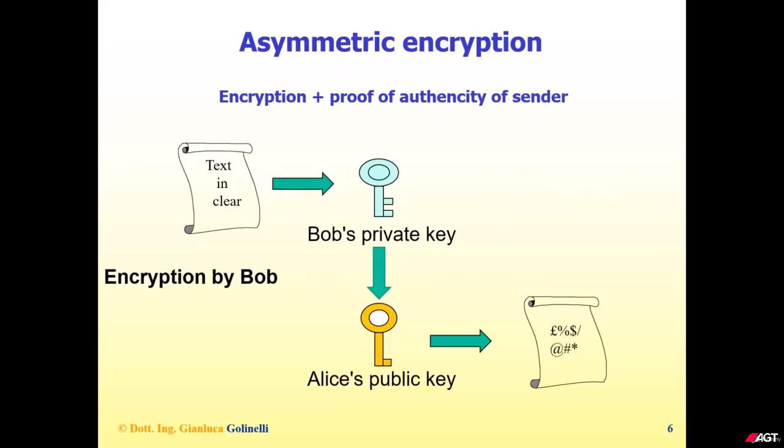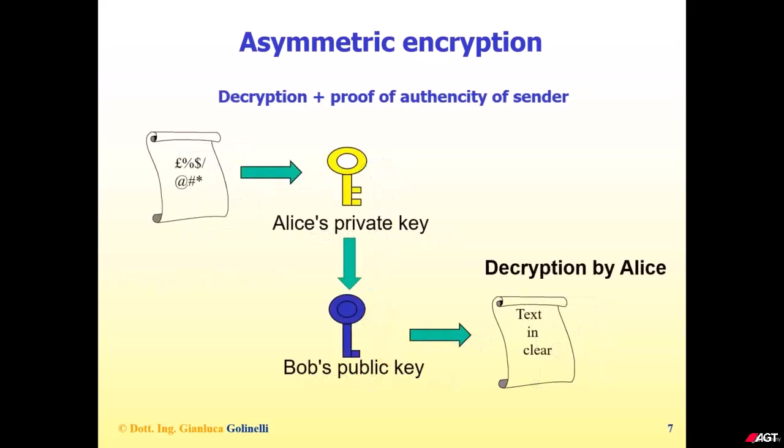Using in the cryptographic action, in addition to the public key of the recipient, also the private key of the sender, you also get a guarantee of the authenticity of the sender. During the decryption phase, therefore, not only the recipient's private key will be used, but also the sender's public key.